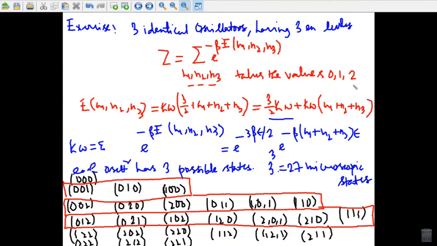As the question reveals, it is a system of three identical oscillators, and each of them has three energy levels.